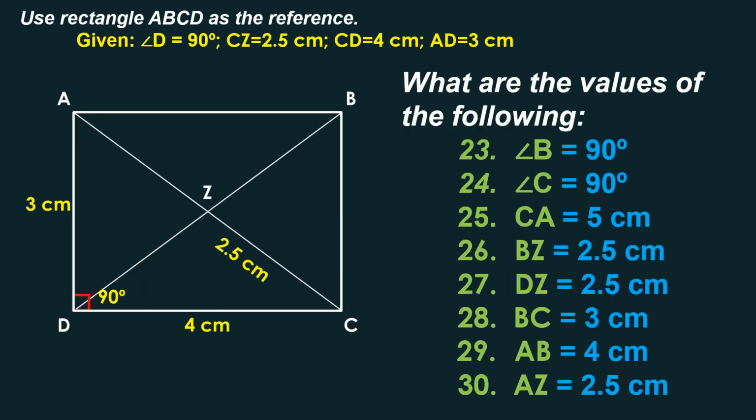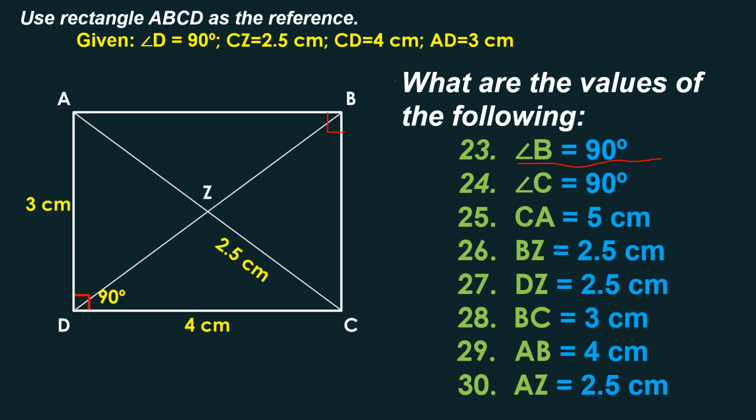So let's apply what we learned regarding the properties of a rectangle. What are the values of the following? Angle B, we have here 90 degrees. Why is it 90 degrees? One property of the rectangle says that all the interior angles of a rectangle measure 90 degrees.